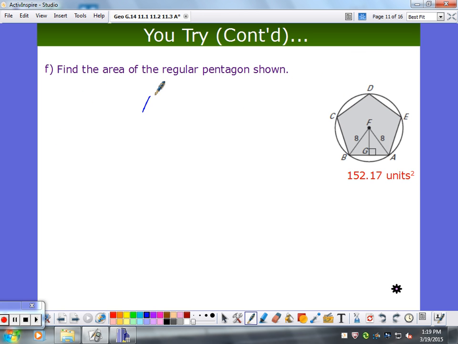So area is 1/2 the apothem times the perimeter. I've got this pentagon over here, so I'm going to blow up this little section so I can look at it a little better. I've got 8, and I've got 8, and I'm dropping this right here. I know these are 2 congruent triangles.